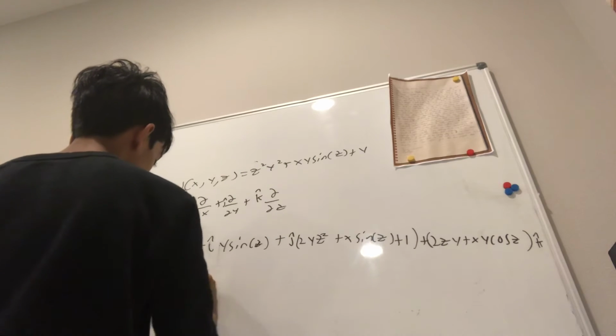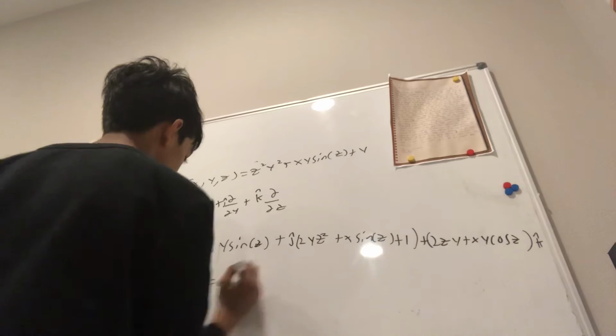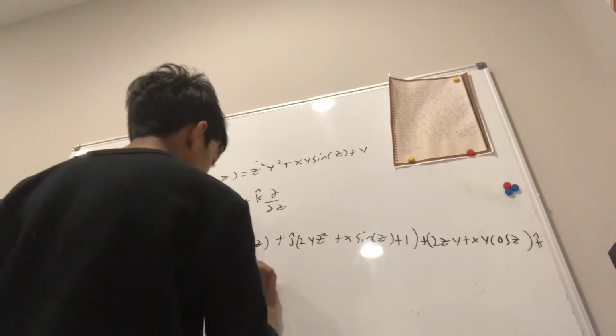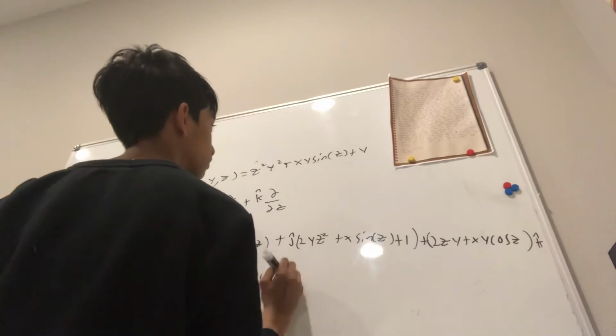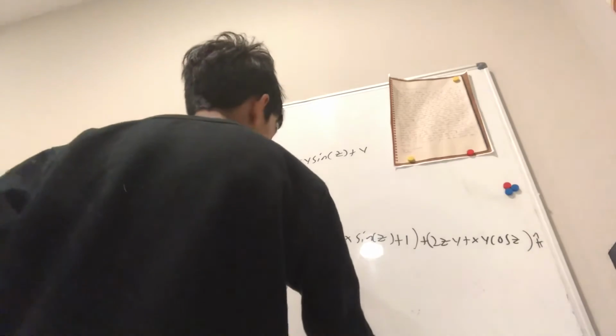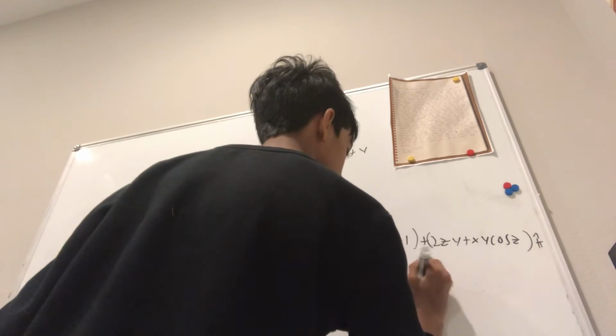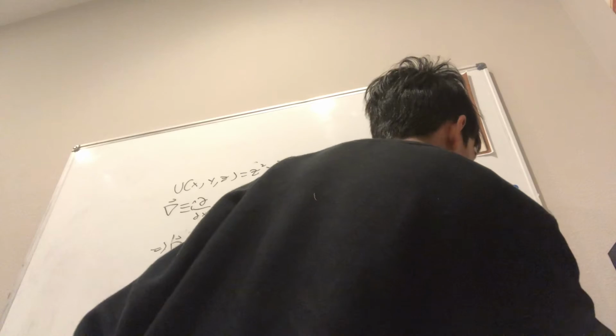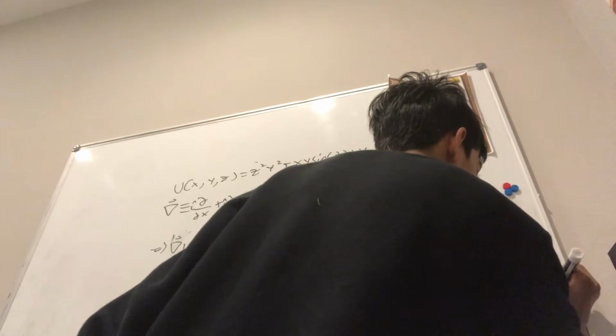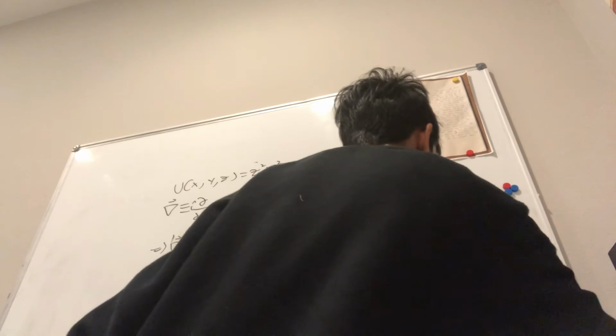So just the negative gradient of u is equal to F, which is equal to i hat y sine of z plus j hat times 2yz squared plus x sine of z plus 1, and well, plus 2zy plus xy cosine of z times k hat.